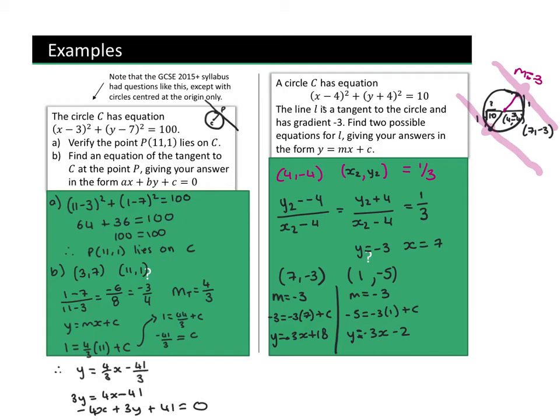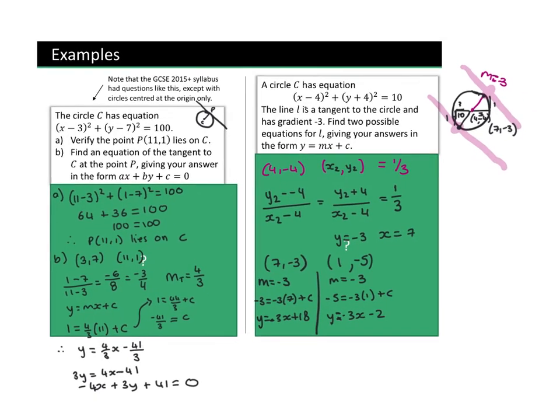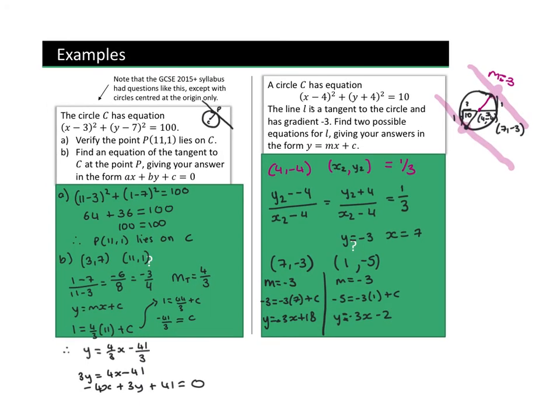Now, there is another way to do this, okay? The other way to do this, and some of you might prefer this method, is we know we have our circle. We know the gradient of the diameter is positive 1 over 3, because it's perpendicular to the gradient of the tangent, and the gradient of the tangent we know is minus 3.